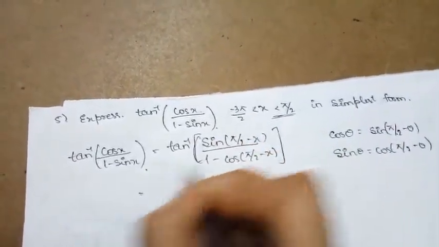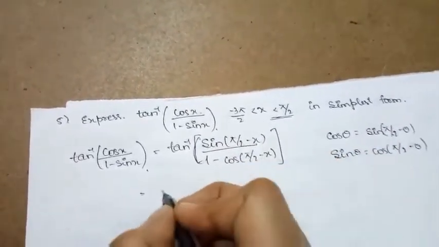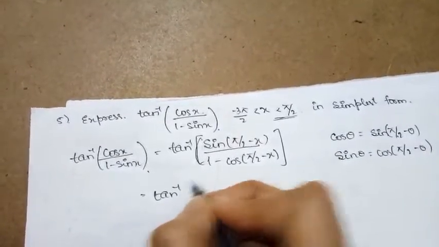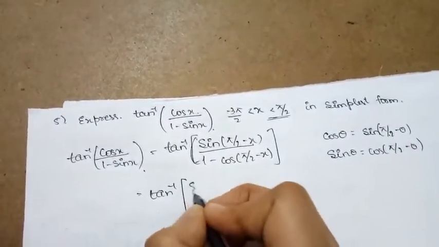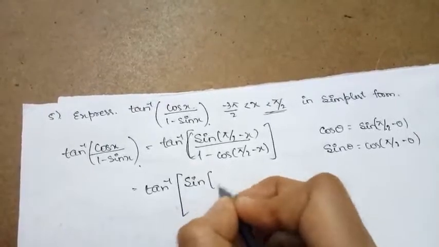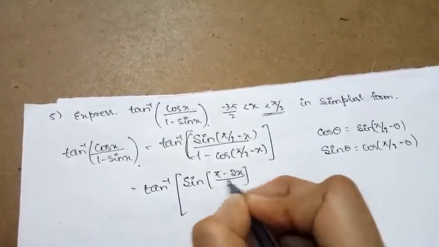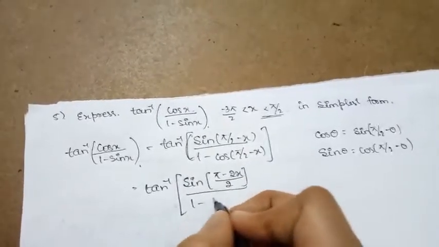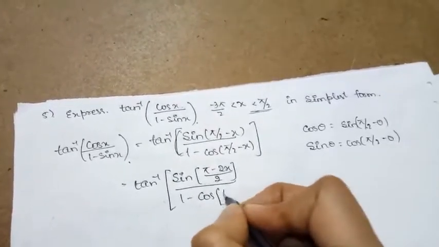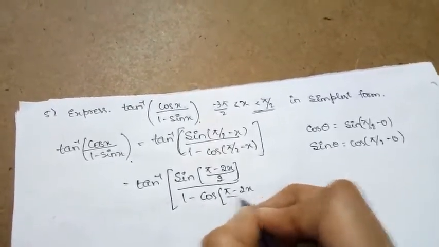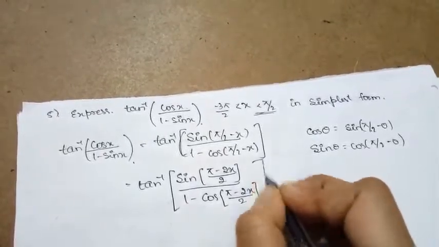Now I am taking the LCM here. That is nothing but tan inverse of sin(pi - 2x)/2 divided by 1 - cos(pi - 2x)/2.